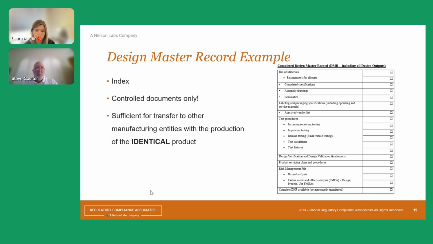Nope. You got to go back and turn that into a controlled document for it to satisfy this. So those are some of the rules that you have to do. The whole goal here is to make sure you're making the identical product, not the same, the identical. So the key here is reproducibility.